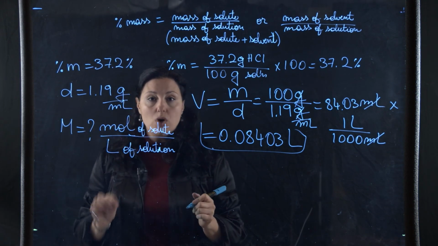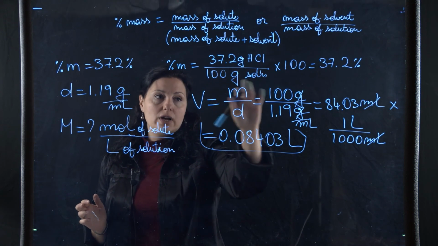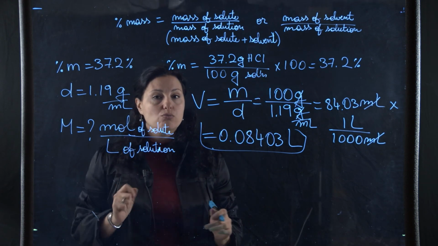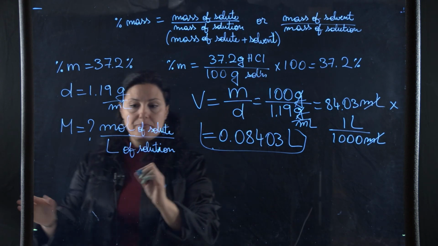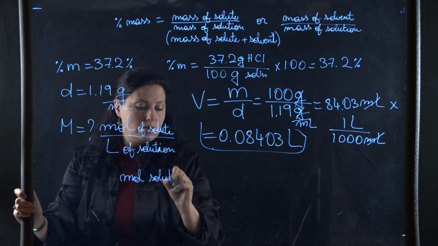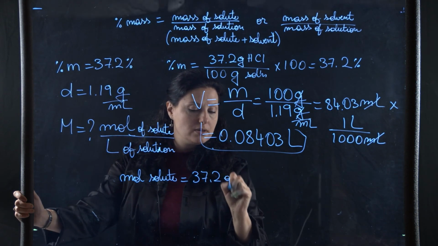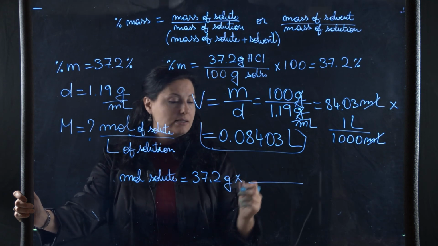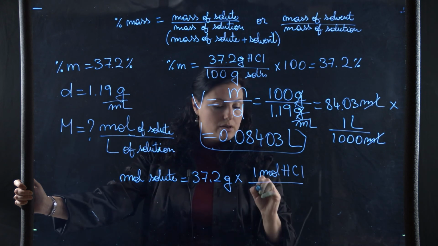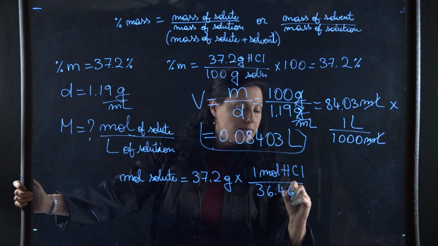I need to figure out the moles of solute. Once again, I assume 37.2 grams of my solute over 100 grams of solution. So this is the amount of my solute. I can convert that to moles by using the molar mass of HCl. The moles of solute are 37.2 grams multiplied by the molar mass: 1 mole of HCl weighs 36.46 grams.